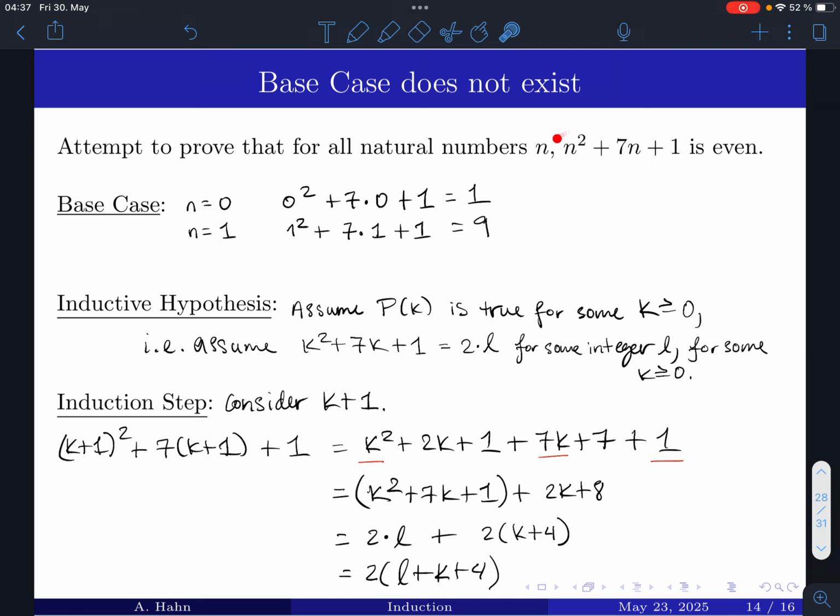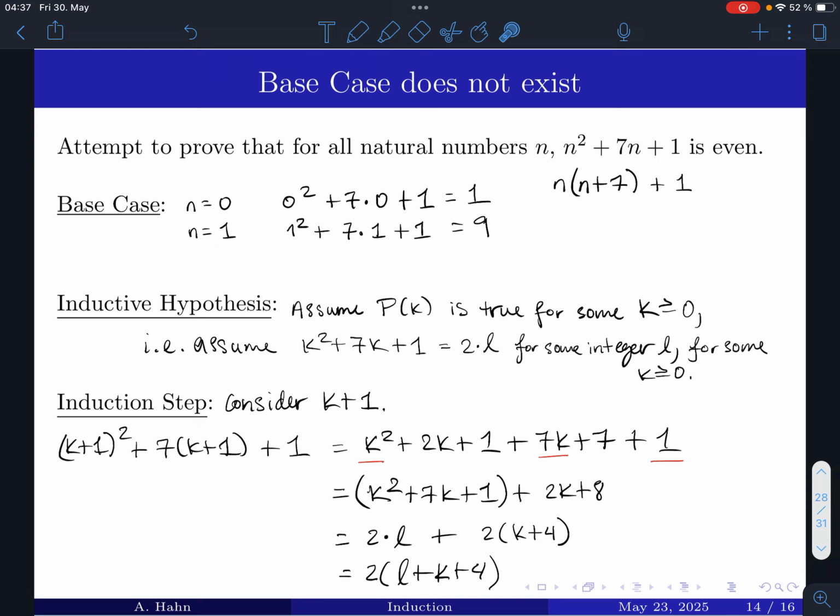And let me explain to you why it will never be even. Let's rewrite this a little bit and we'll see why. If I factor out an n from the first two terms, this is n times n plus 7, plus 1.